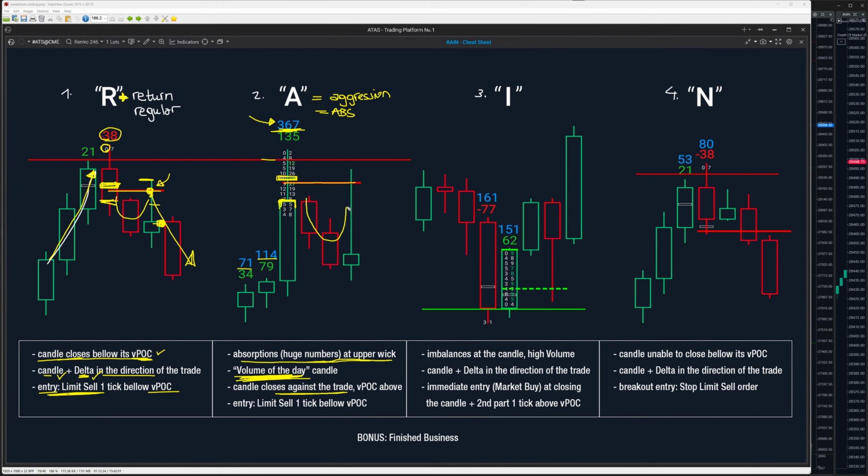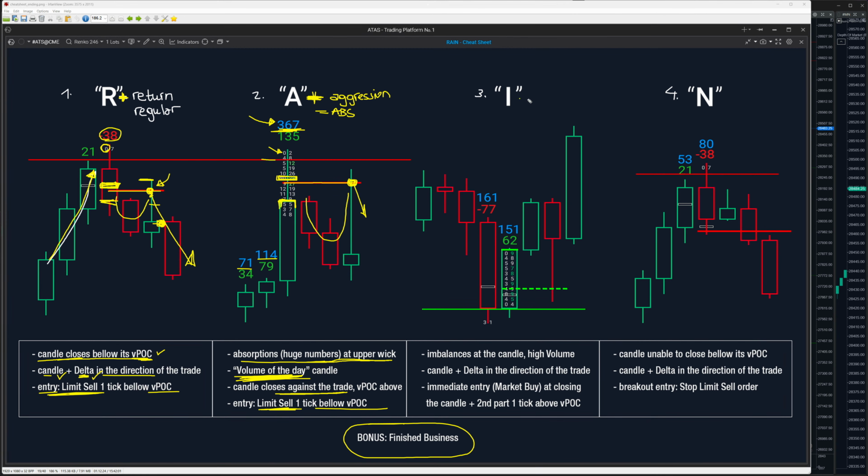And again you wait for the pullback, with a limit sell 1 tick below the VPOC. And again it can be a bonus: it can be an A plus setup if there is a 0 at the top of the candle in the footprint. So this is the second setup.